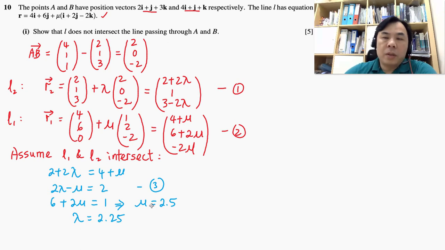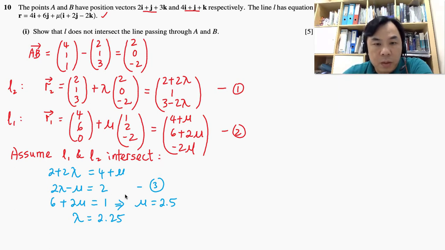Okay. Now we have successfully obtained mu and lambda, and we may think that yes, they do intersect, but don't forget you do need to check the last row to verify whether this lambda and mu are unique. If these solutions for lambda and mu are unique, then yes, we can confirm that the two lines do meet at a unique position.